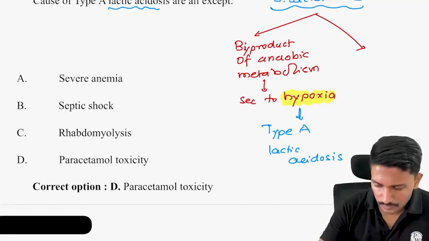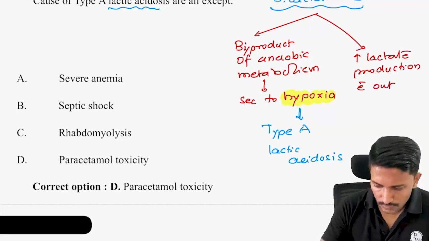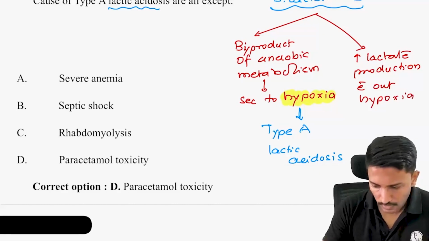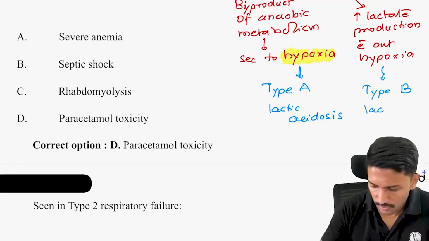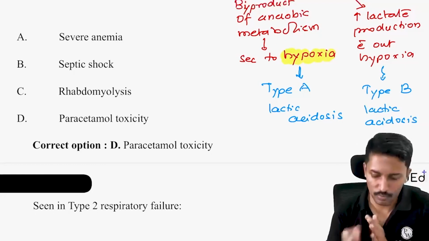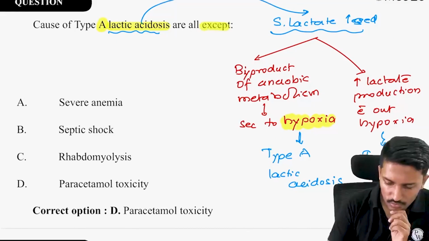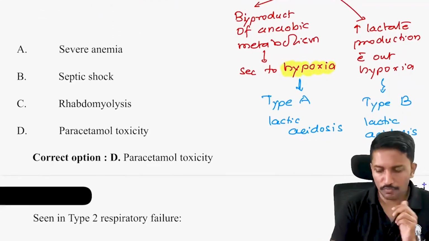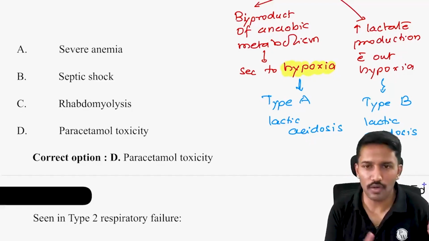So if there is increased lactate production without hypoxia, we would call it type B lactic acidosis. Okay, so now I have given you the background. When do you call it type A and type B? In this question, they are asking for causes of type A lactic acidosis except, right? Now, all you need to do is find out which one is known to cause hypoxia. If it is known to cause hypoxia, it will be responsible for type A lactic acidosis.